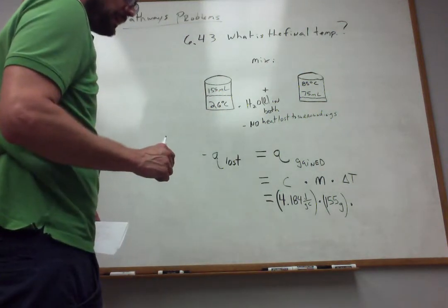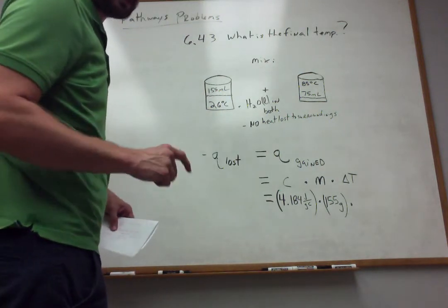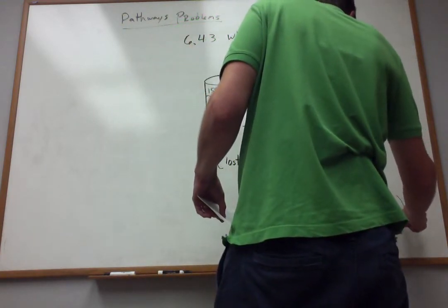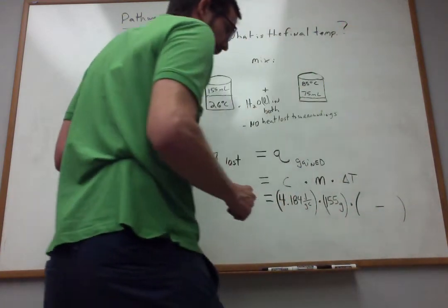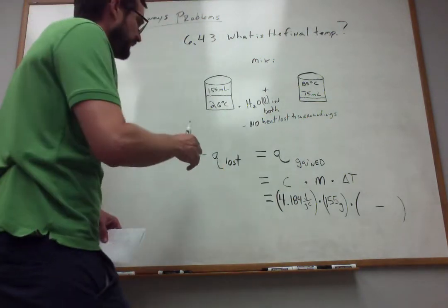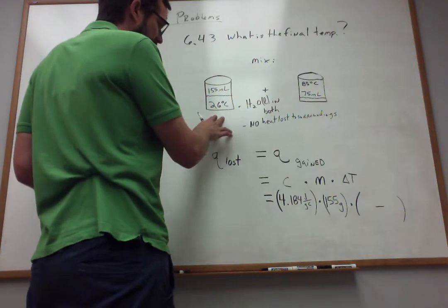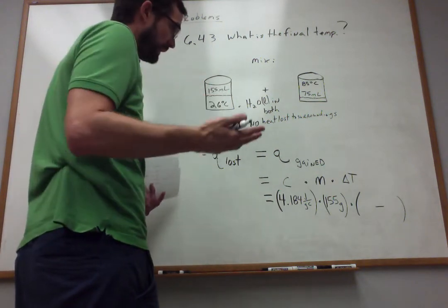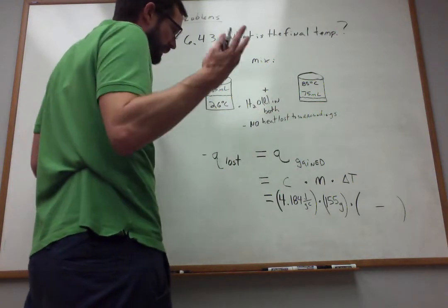Now I also need a delta T, which is my temperature change. That's a little bit of a problem because I don't know how much the temperature is going to change. I know it starts off at 26, but I don't know where it's going to end up. If I knew where it ended up, I could put a number there and that'd be good, but I don't know what that is.